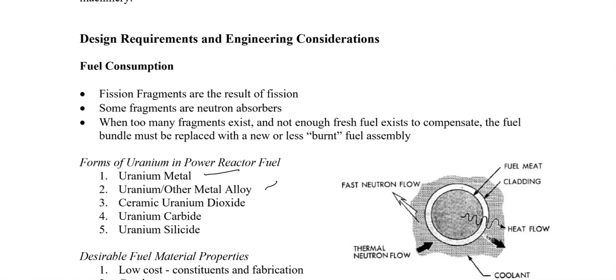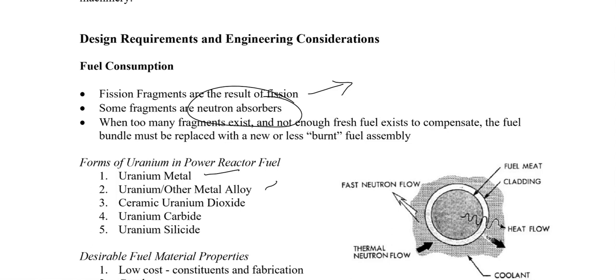Fission fragments are the result of fission. Some fragments are neutron absorbers. For example, if fission is taking place in a nuclear reactor, there will be byproducts from the nuclear fission. Some of these byproducts are neutron absorbers: they absorb neutrons and are converted from one form of isotope to another.